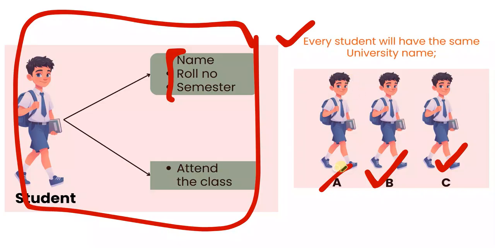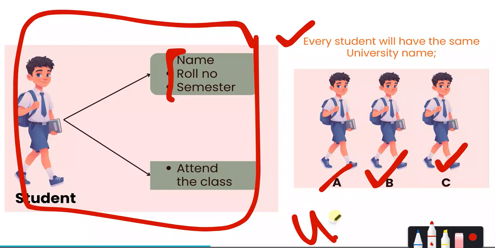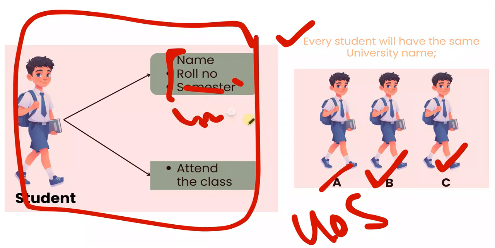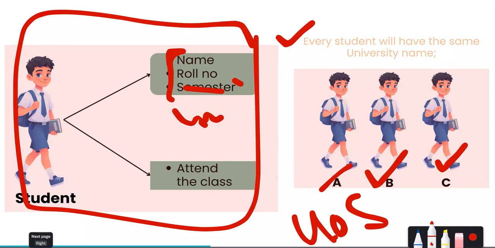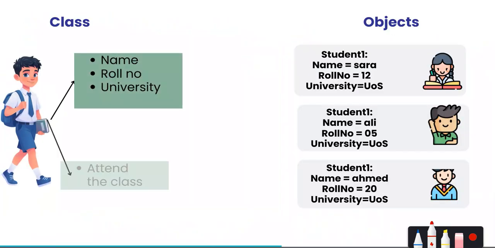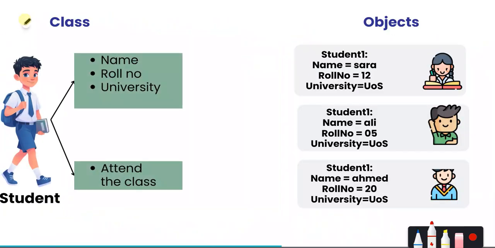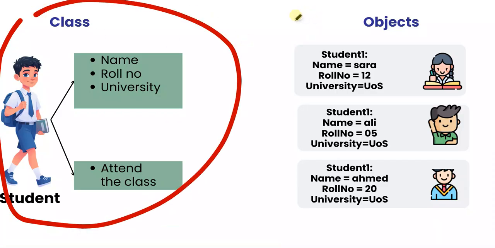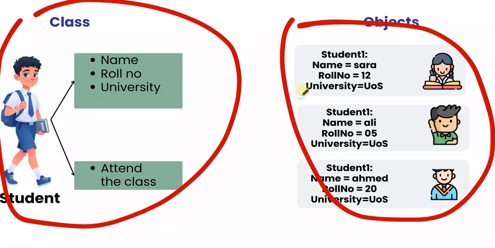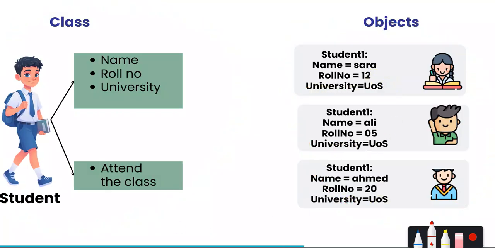In the case of my university, every student has University of Sargodha, US. So you can see University of Sargodha is repeating. All other information is changing, but the university is common for every student.